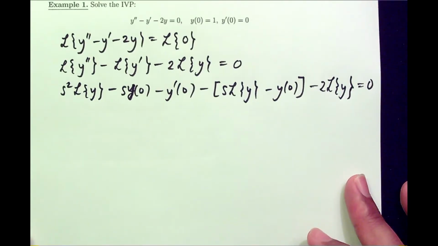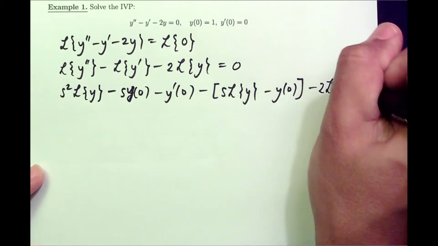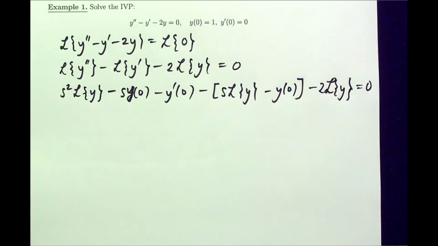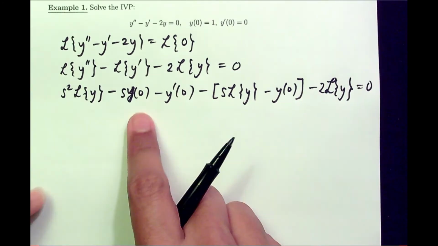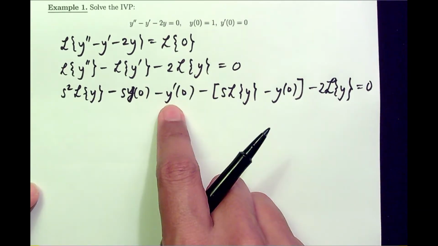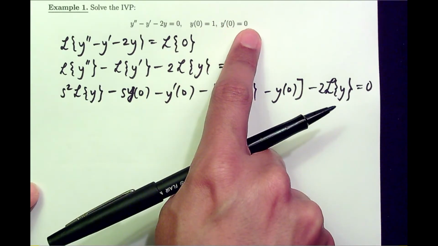Okay, now we know what is y of 0 and y prime of 0. We have the values right here. So now we plug that stuff in there.